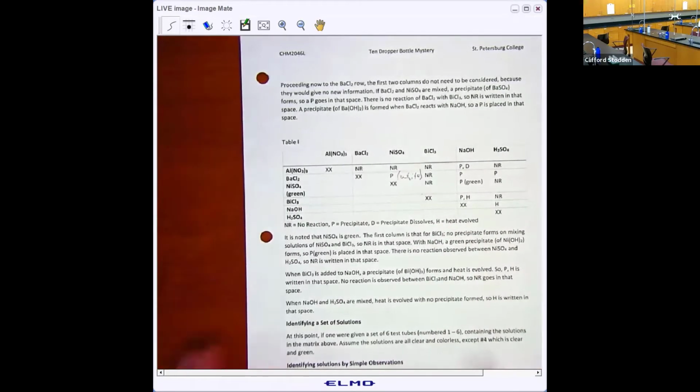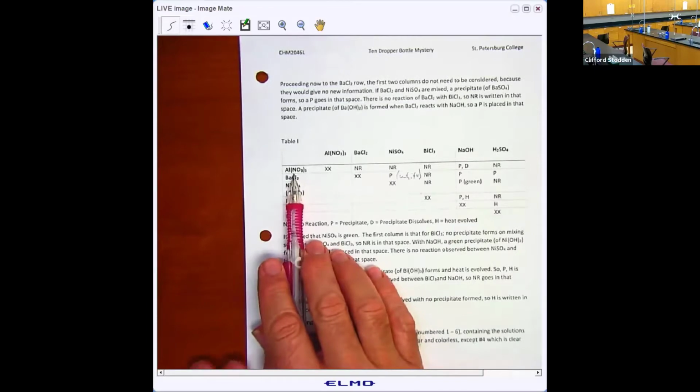Another thing that's possible in some of these combinations is that a precipitate might form when you first start adding the other reactant, but then it may dissolve. And that happens when certain complexes are formed in the solution. For example, that happens with aluminum nitrate.